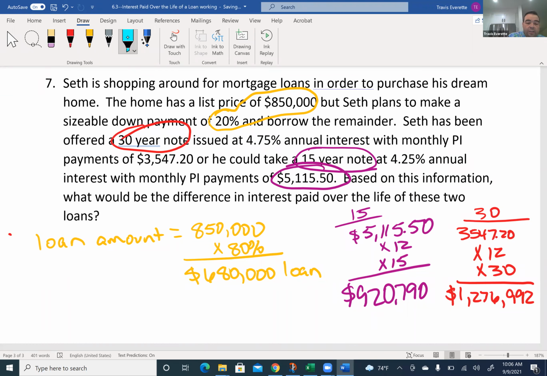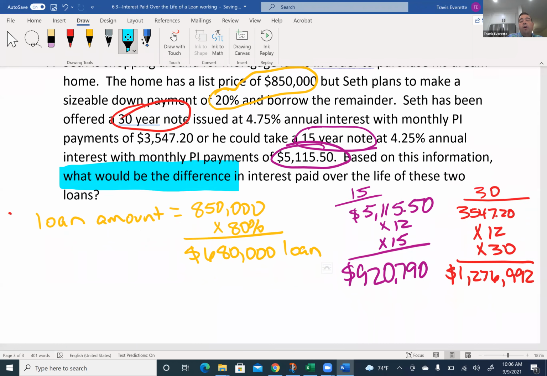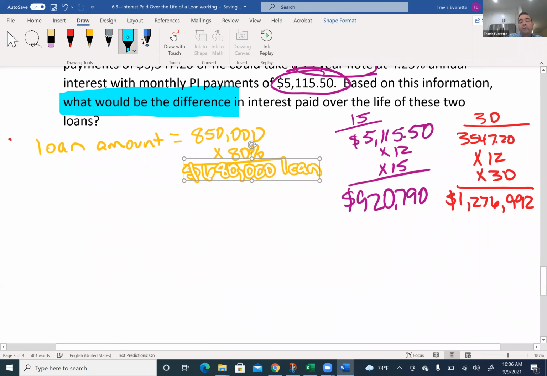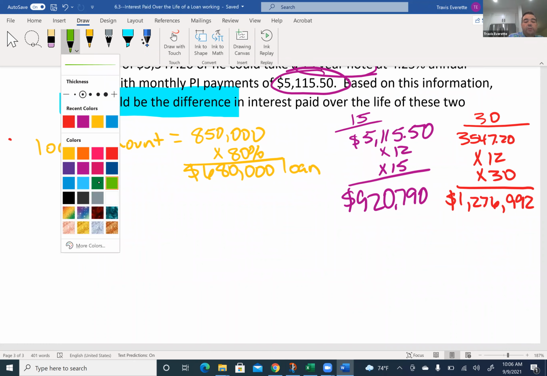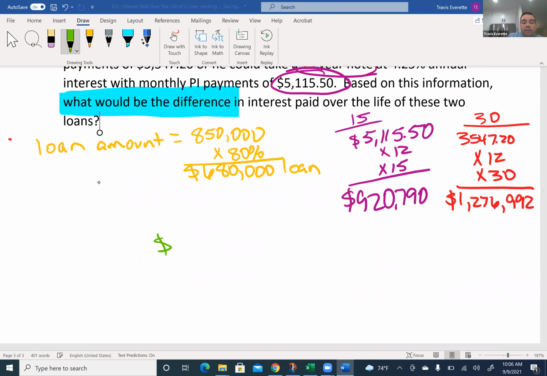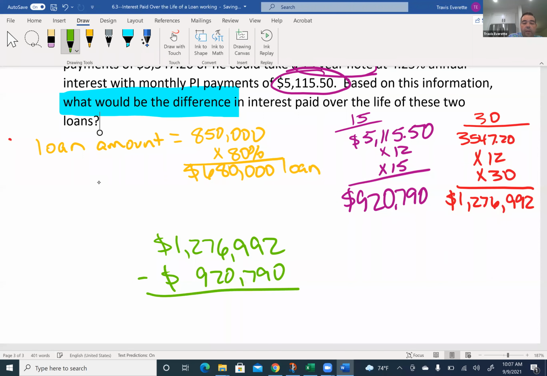And here's the question. What's the difference between the two? Well, difference always means subtraction, right? Whenever they say difference of anything, they're talking about subtraction. So let's take a look at the difference between the two. We're going to take that bigger number, the 30-year, $1,276,992, and subtract out the 15-year number, which is $920,790.